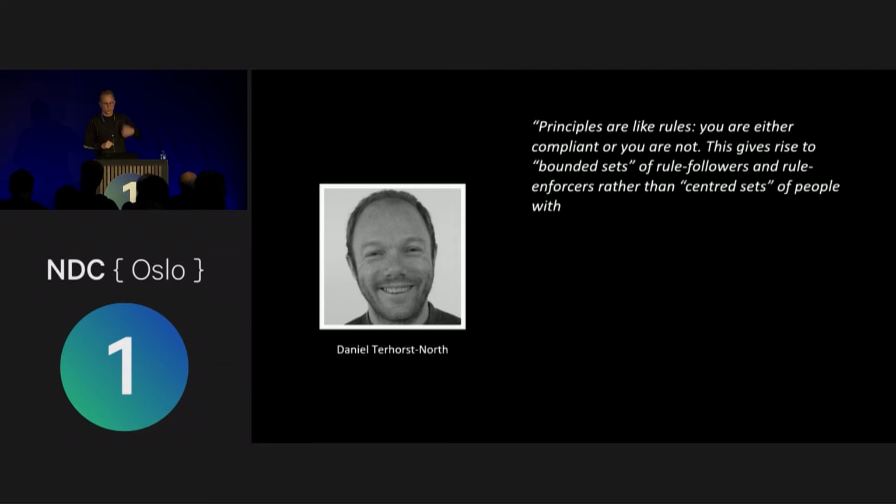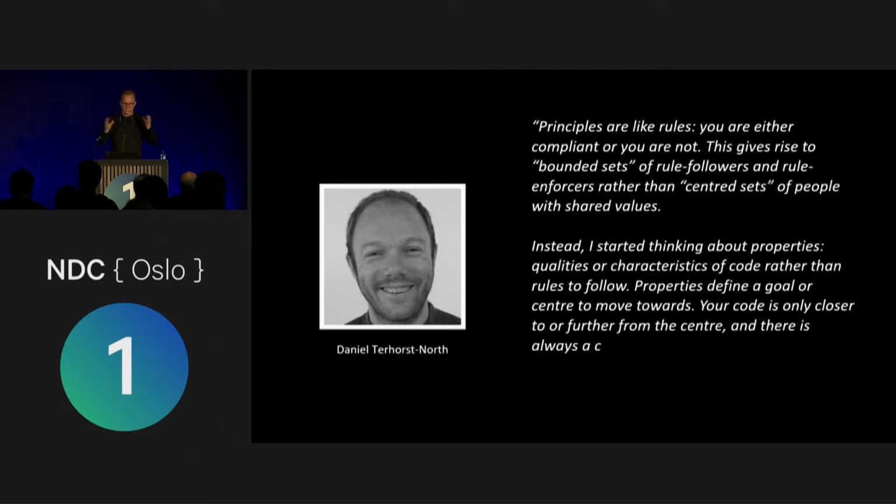And one such person is Dan North. A couple of years ago, he formulated the CUPID properties. And I really like those properties as well. They're great. But what really stood out to me was his decision to call them properties instead of principles. And this is the reasoning he gave. He says, principles are like rules. You are either compliant or you're not, right?